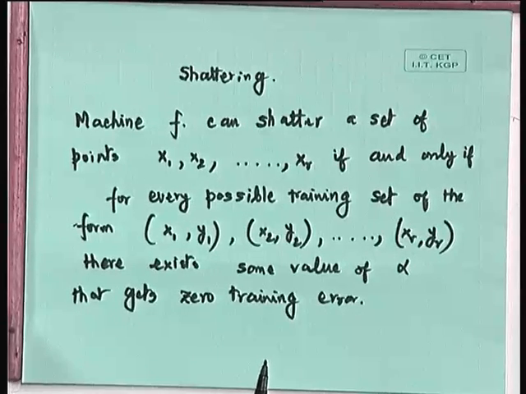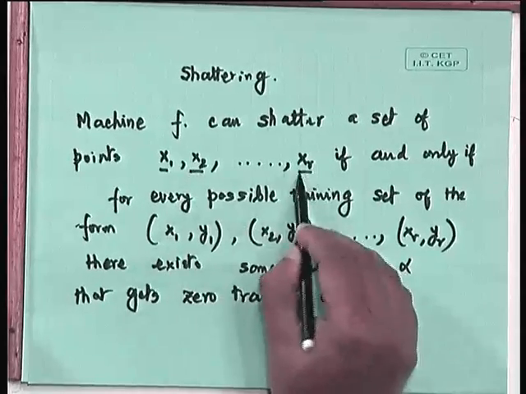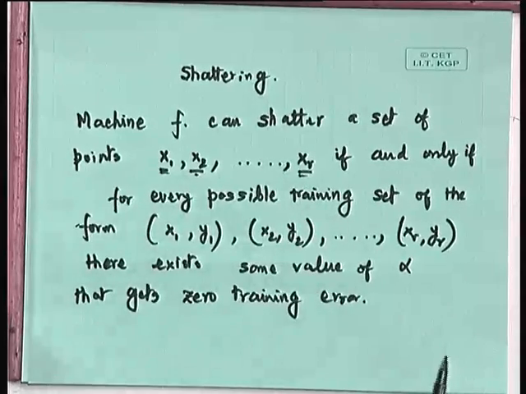Now, if given r number of patterns like this, it is possible that for some particular value of alpha the system leads to 0 training error, then we can say that this set of points x1, x2 up to xr has been shattered by f, or in other words fully exploited by f.